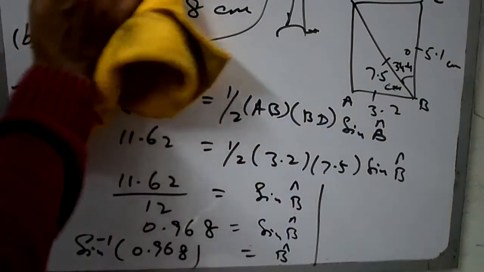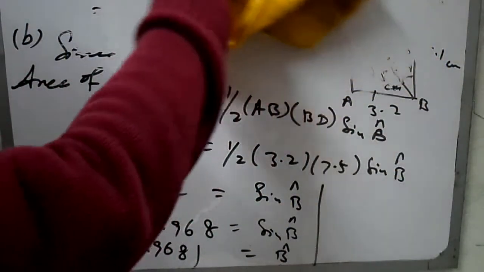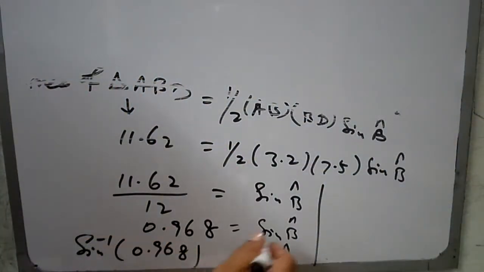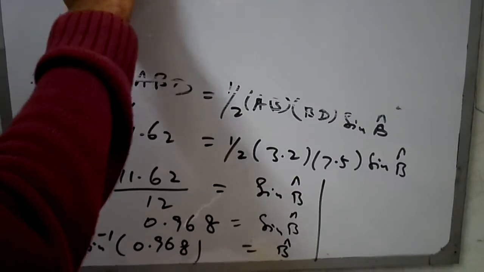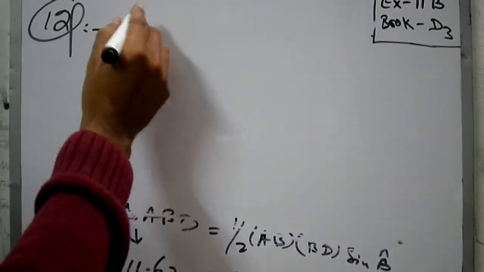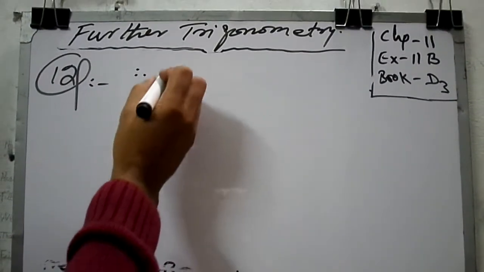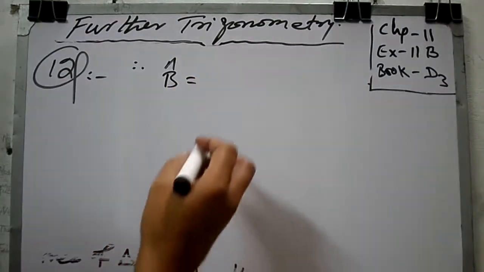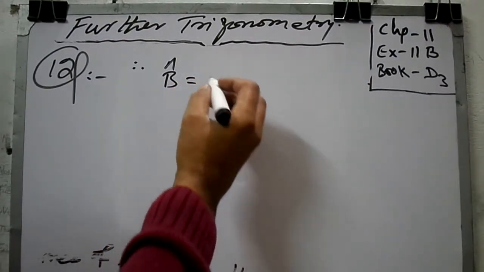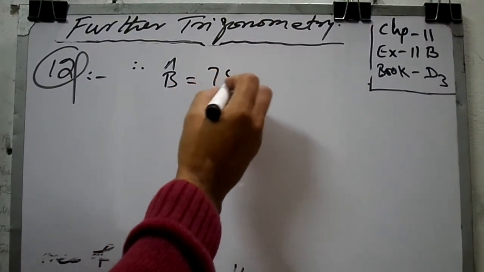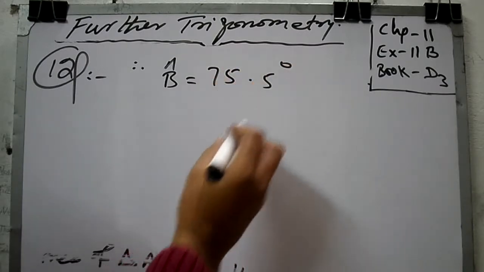So what is the value of B? Therefore angle B is equal to sine inverse, you will get 75.5 degree.